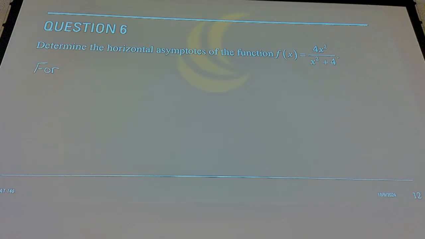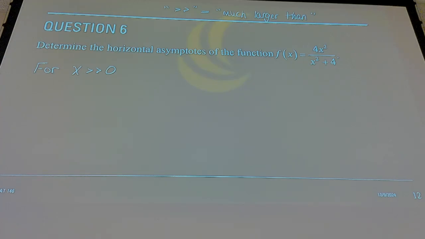So I'm going to introduce new notation. The double greater than sign means it's much greater than.